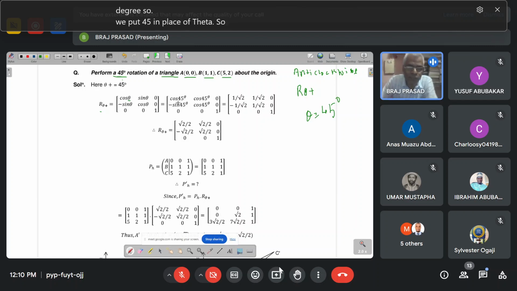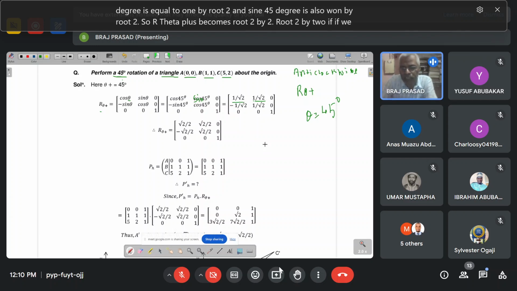We get cos 45 degrees, and sorry, at this place it is sin 45 degrees, then sin 45 degrees, cos 45 degrees, 0, 0, 1. As we know, cos 45 degrees is equal to 1 by root 2, and sin 45 degrees is also 1 by root 2. So R theta plus becomes root 2 by 2, root 2 by 2.